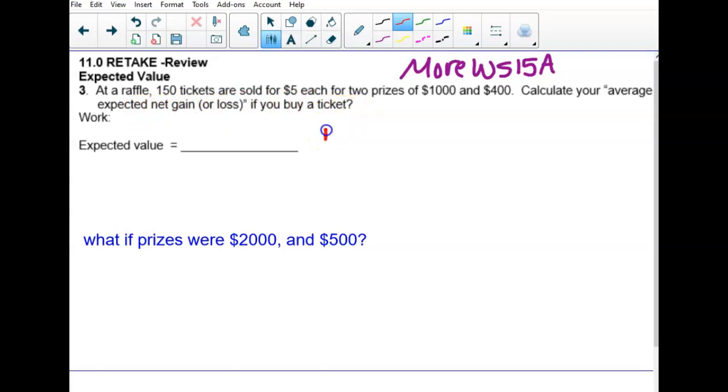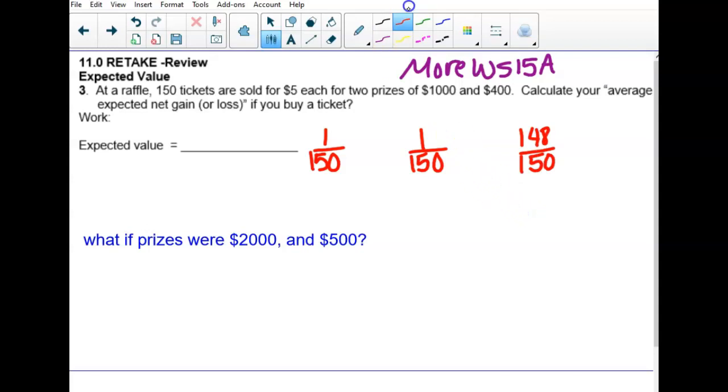So there's 1 prize out of 150, sorry. And there's another 1 out of 150 that are winners. And that leaves how many to be losers? 148 out of 150. Is everybody okay with those probabilities?